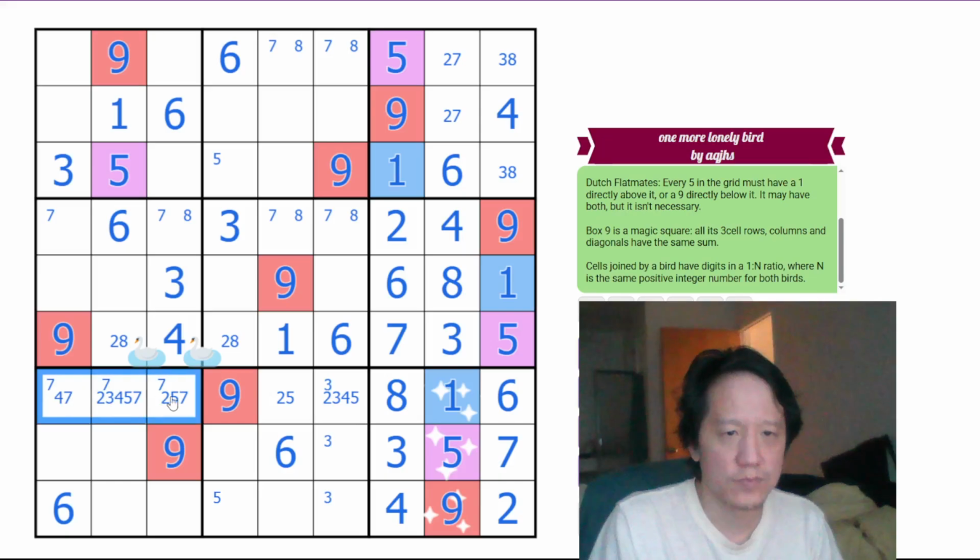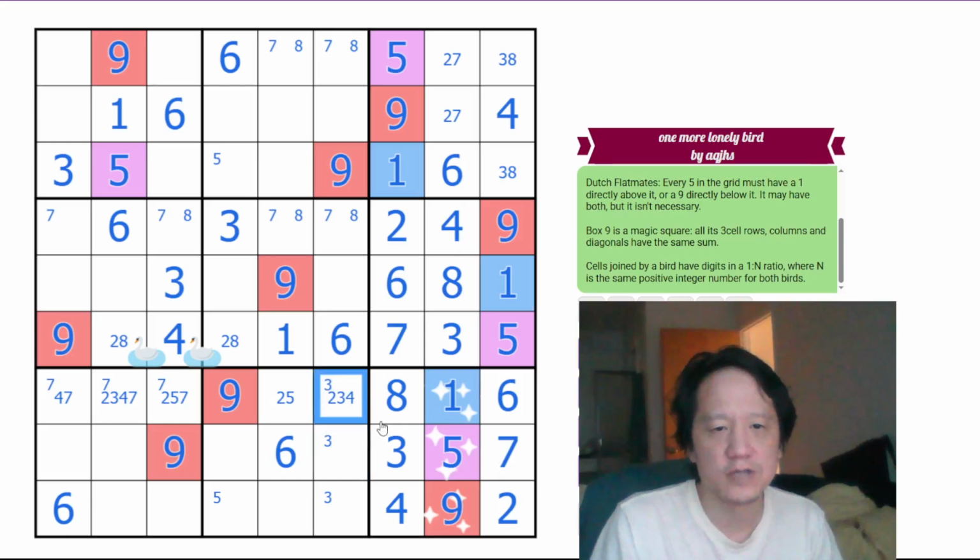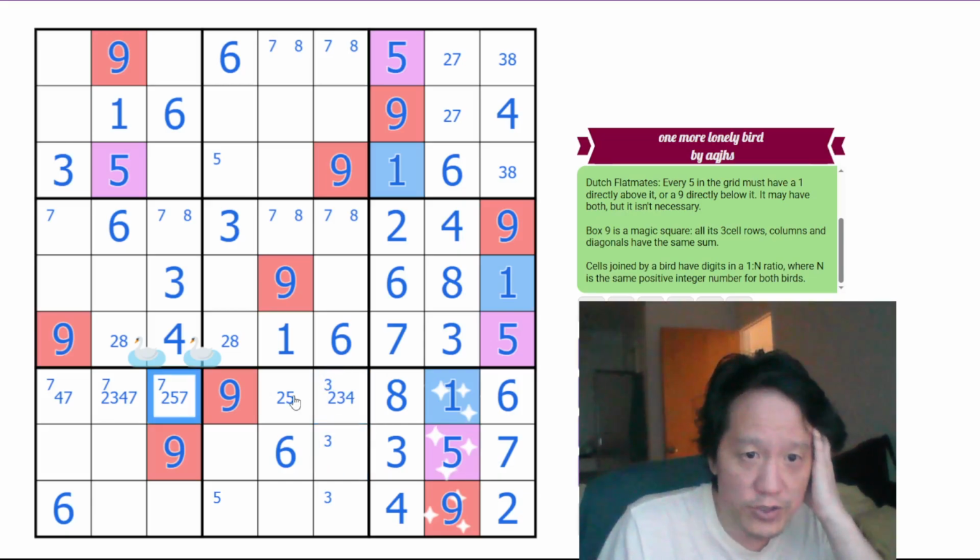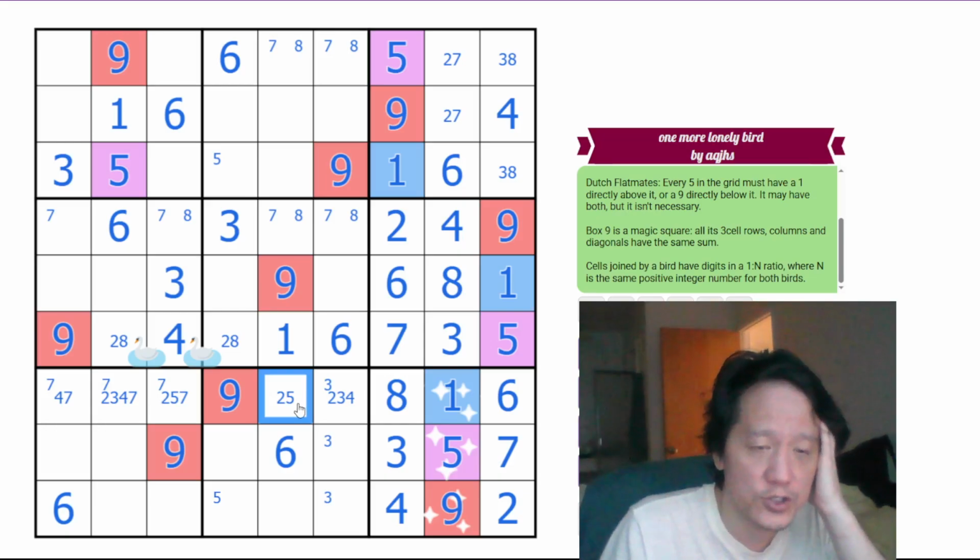No. So this can no longer be 5 here. If this could be 5 with a 9 below it, this could be 5 with a 1 above it. This cannot be 5, because if it had a 5 here, there's no 1 above it, because this is 6, and there cannot be a 9 below it, because this cannot be 9. So this cannot be 5. So either this is 5 or this is 5. We're not sure which.